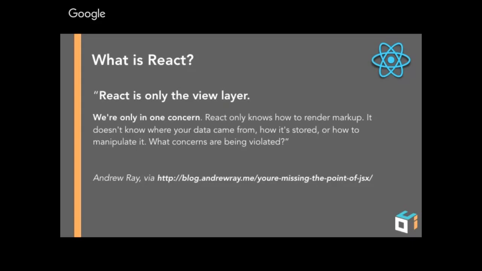React is only the view layer, so we are only in one concern. So the rationale for bringing this HTML-like syntax into our JavaScript code is basically acknowledgement that one way or another, we're going to end up having to complicate one side or the other. If we're going to split things up and have separate markup and separate logic, then we're going to have some sort of additional magic to link up the two, right?